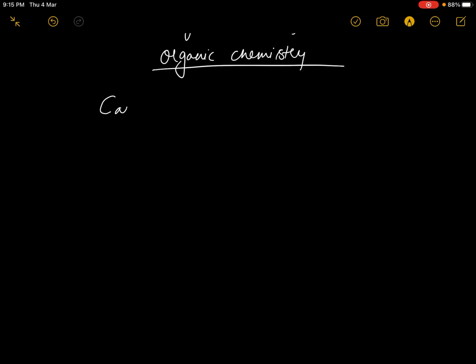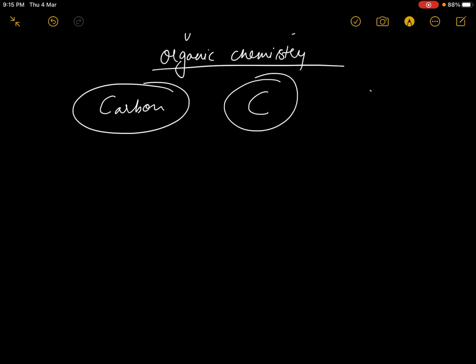Hello everyone, today we are starting with organic chemistry, and in organic chemistry the main important player we deal with is carbon. This carbon is represented by the capital C, and it has atomic number 6 and mass number 12.